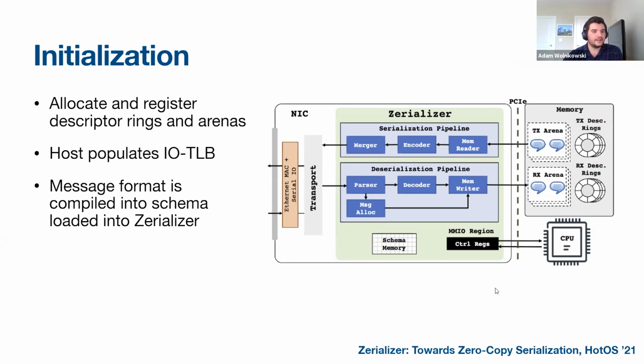And then finally, a domain-specific language, such as protobuf, is used to define an application message format, which is then compiled into a message schema loaded into the Zerializer. So the Zerializer itself stores the schema of the messages that it's expecting.